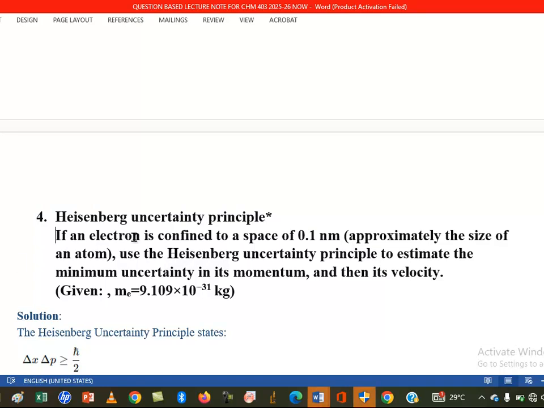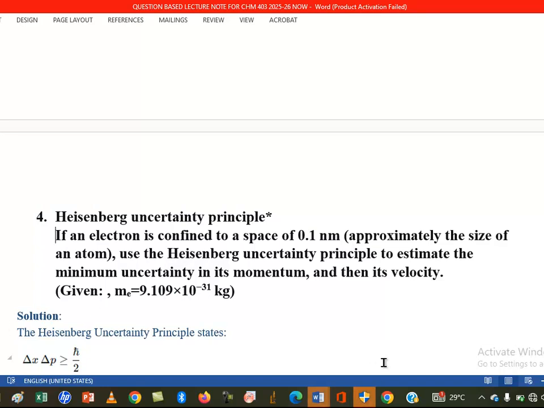Now, if an electron is confined to a space of 0.1 nanometers, which is approximately the size of an atom, use the Heisenberg uncertainty principle to estimate the minimum uncertainty in its momentum and then its velocity. There you have it. Then you are given the mass of the electron to be 9.109 times 10 to the power minus 31 kilograms.